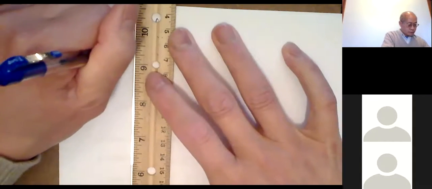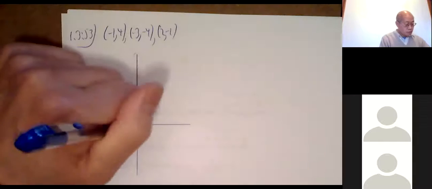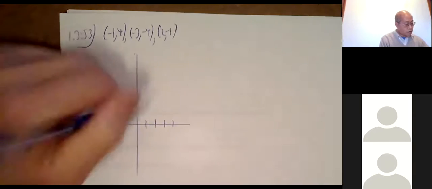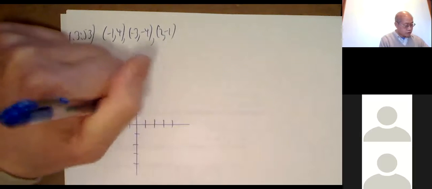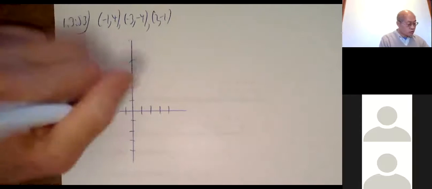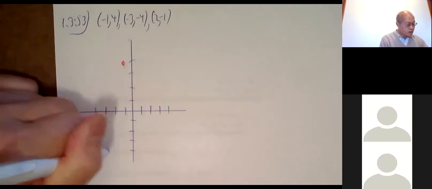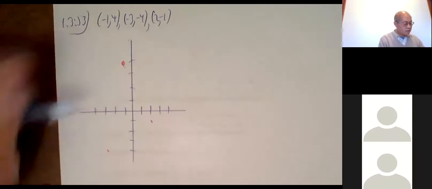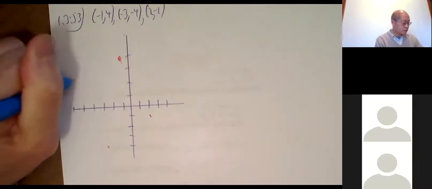this one unfortunately has to go quickly here. Okay, so given points are -1, 4, -3, -4, and 2, -1. Okay, so there's a point out here somewhere, they're saying. Maybe it's here somewhere.